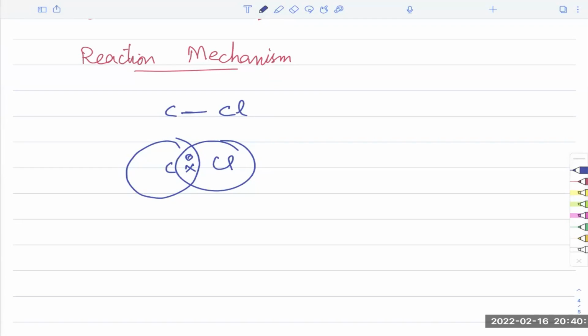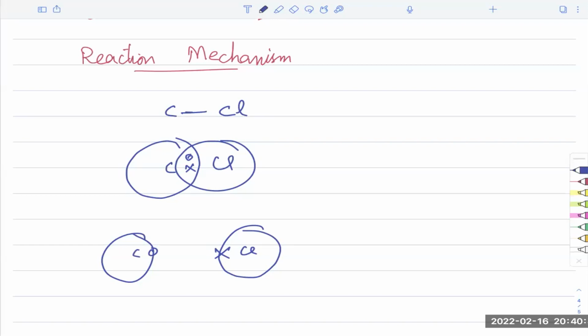Now, I have 2 different ways in which I can break the bond. One way is that when I break the bond, every atom gets an equal share of electrons. So this carbon goes to the right with its own electron, and that chlorine goes to the right with its own electron. Both of them get 1 electron.